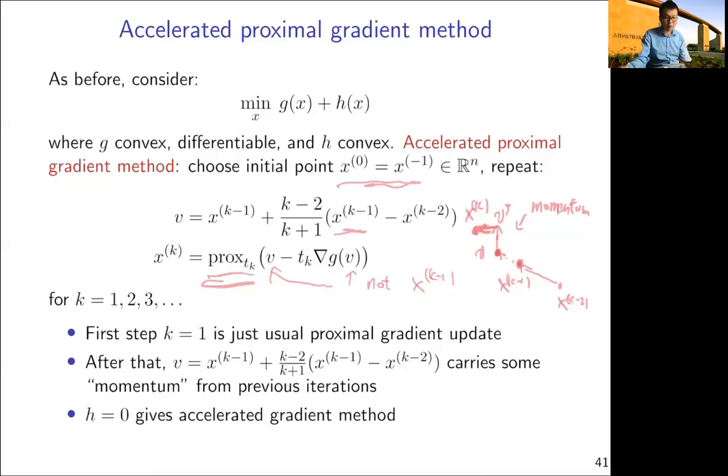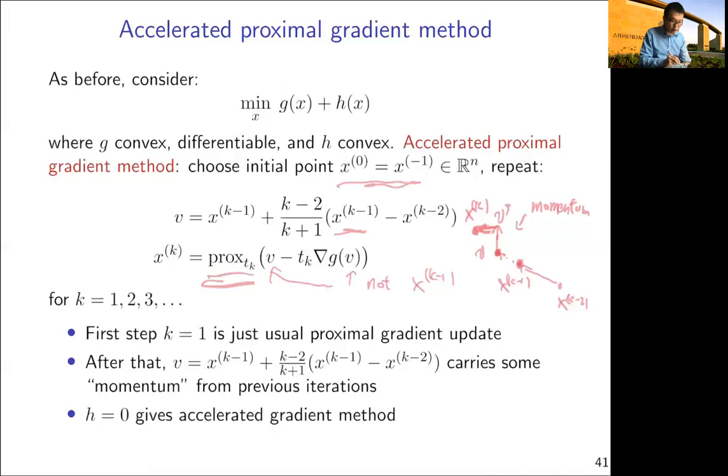In particular, for momentum, this is an instance where momentum can actually help you significantly, and you gain an improvement from 1 over k to 1 over k squared. This parameter k is chosen very delicately.